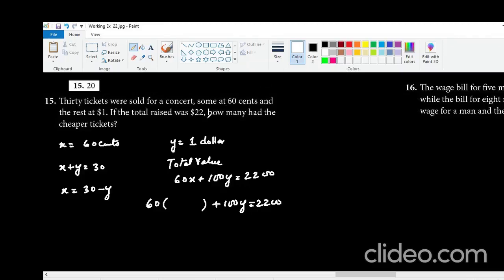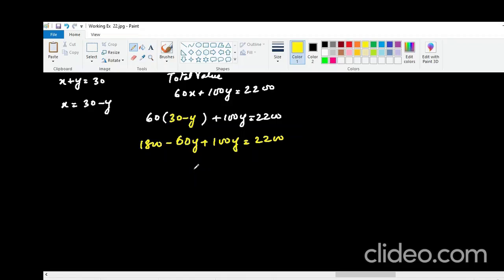Now I will replace x, which equals 30 minus y, so 60 times (30 minus y) plus 100y equals 2200. This gives 1800 minus 60y plus 100y equals 2200, so 40y equals 2200 minus 1800. So 40y equals 400, and y equals 10.